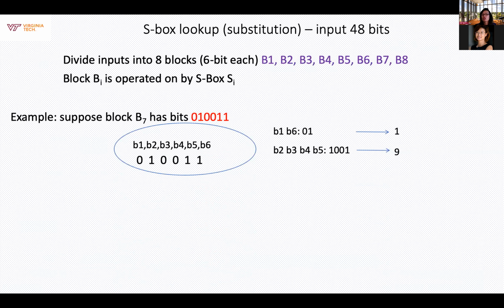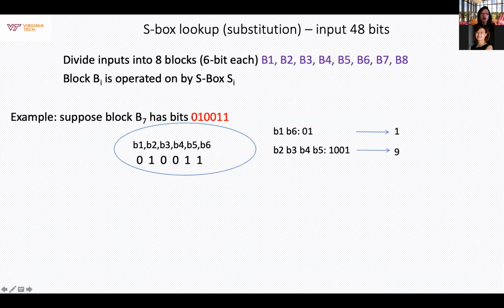All you do is read certain bit positions and use them as coordinates in the S box to point to a new value, and the new value will be the substituting value. So you use the values as coordinates to look at a position in the lookup box.